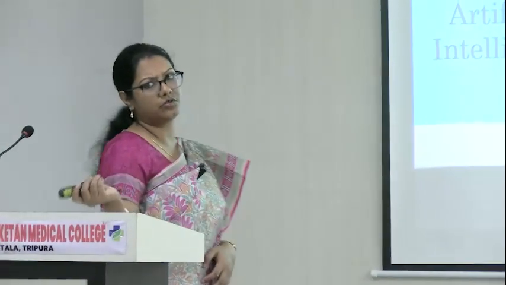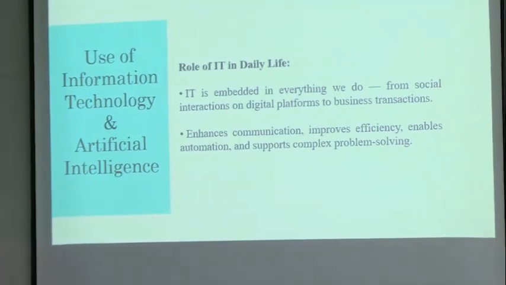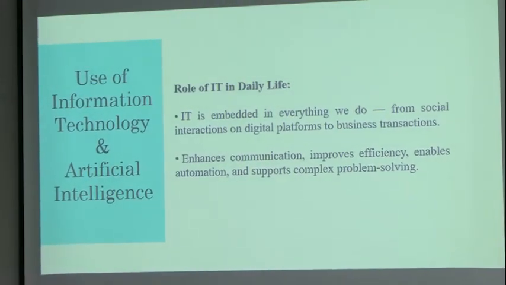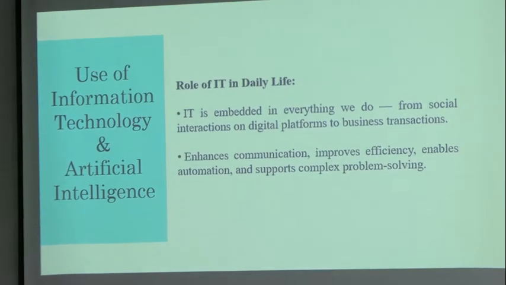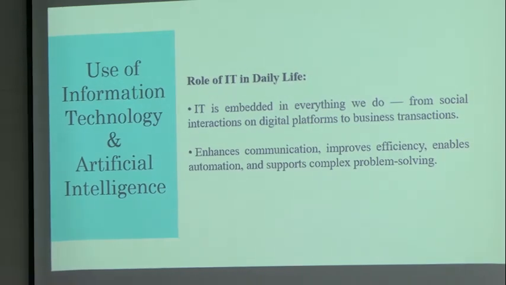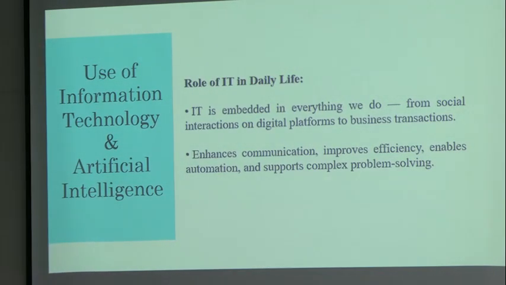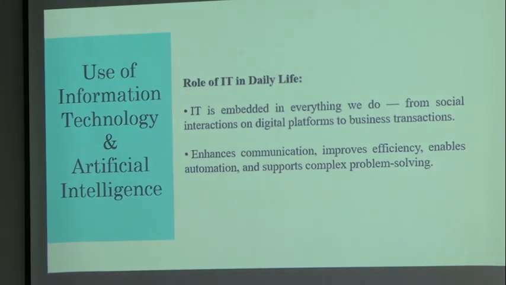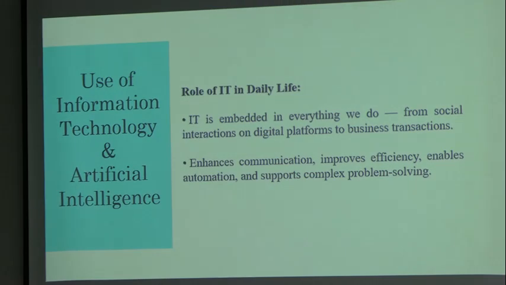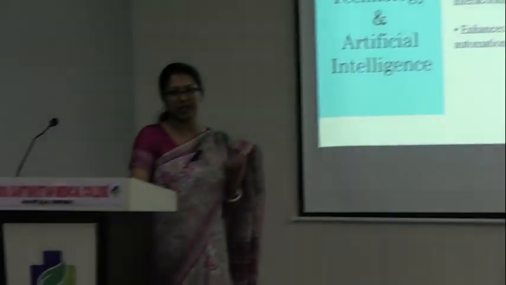There are multiple roles of information technology even in our day-to-day life. It's embedded in everything that we do, from our social interactions on digital platforms to our business transactions, our transportation, you name it. Like, coming here, if I wish to book an Uber car, I have to take help of information technology.